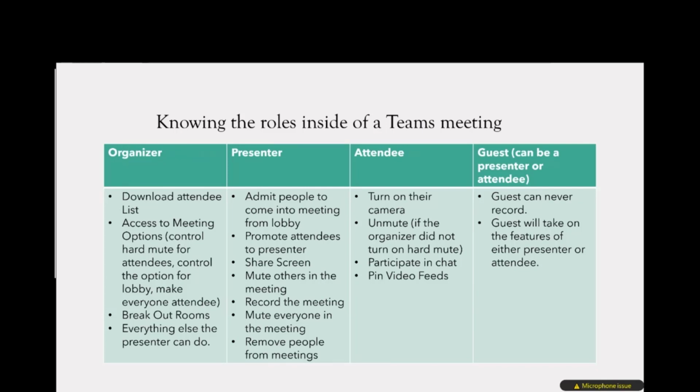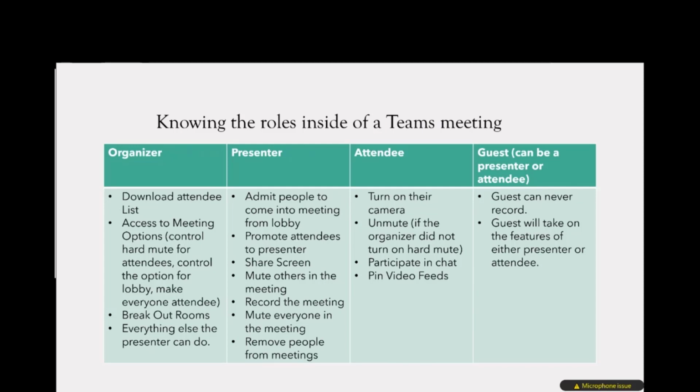For instance, the organizer can download the attendee list. They can control the meeting options. They can control breakout rooms, and they can also do everything else that presenters and everybody else can do. So the organizer really has those specific functionalities.